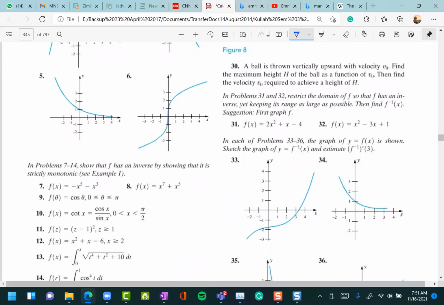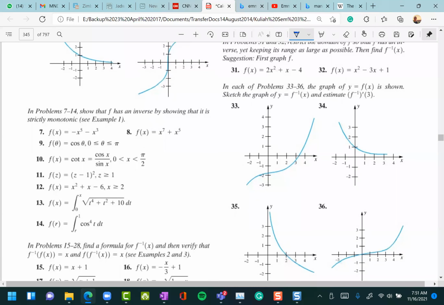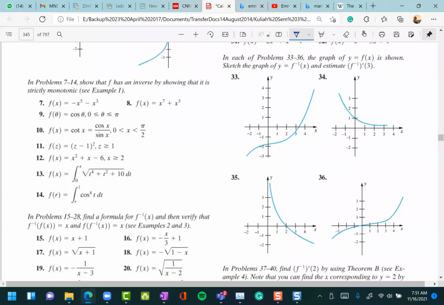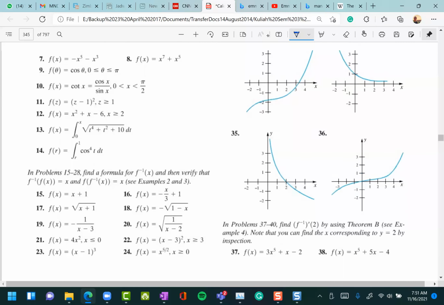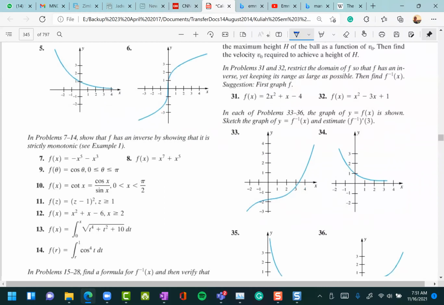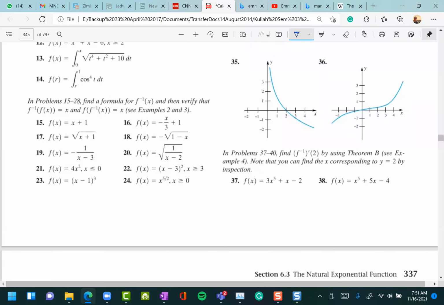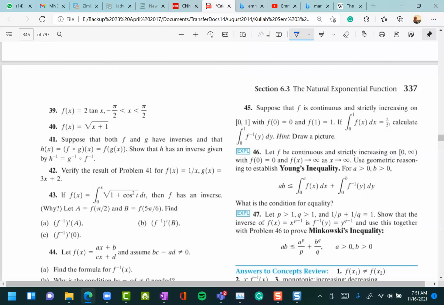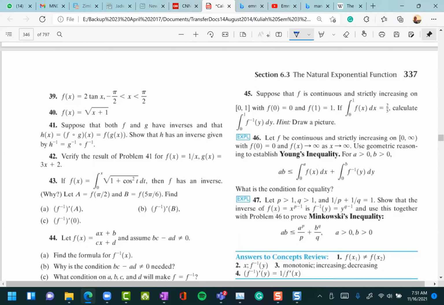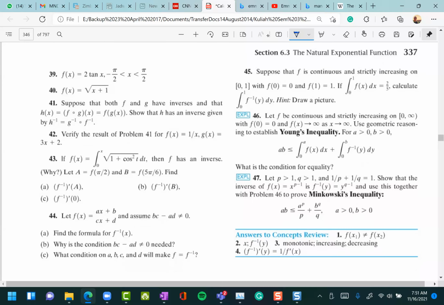So example. Where is that thing? Okay, let's do this one here.